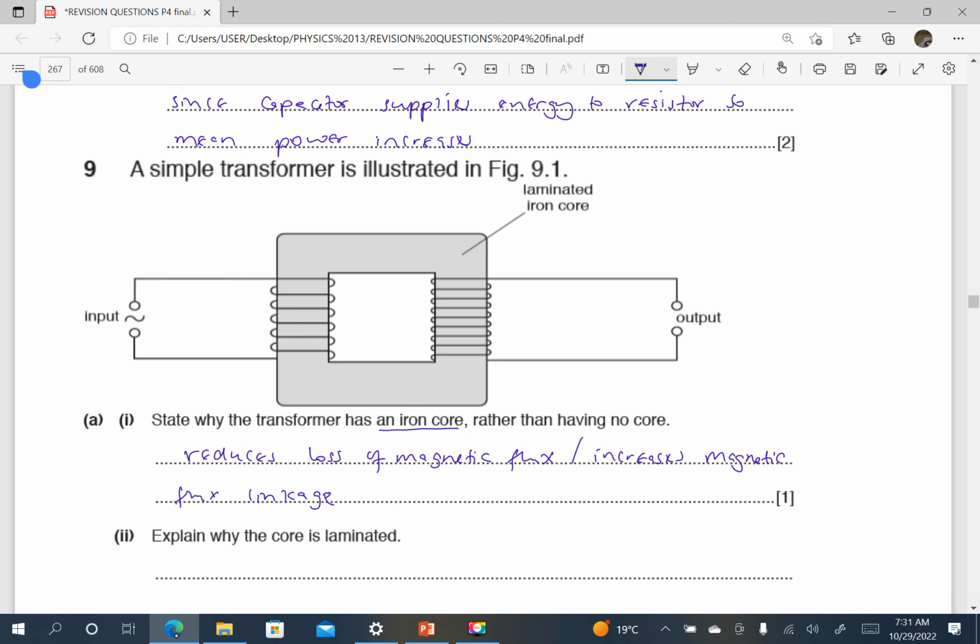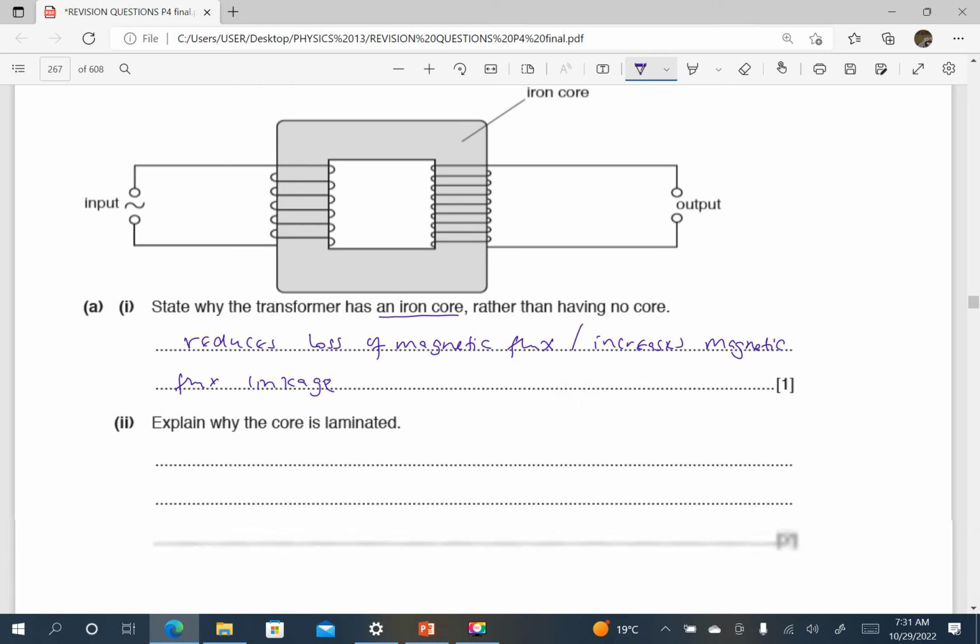That is the purpose of the iron core. It reduces flux leakage. That is the purpose of the soft iron core.